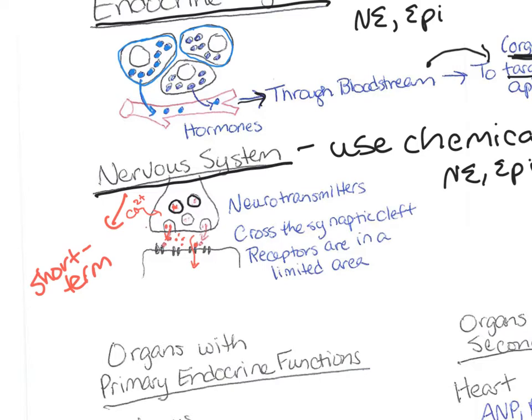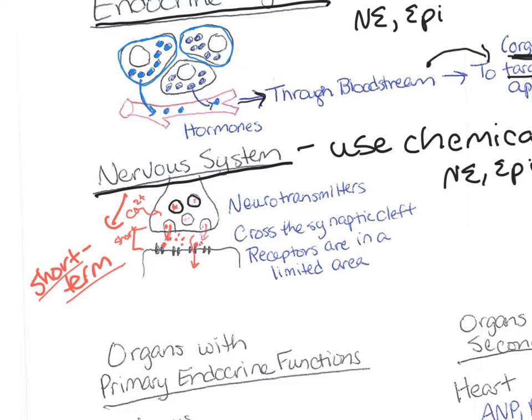The distance from the presynaptic cell and the postsynaptic cell, that synaptic cleft where that neurotransmitter has to cross, is very, very small. So the chemical only has to go a very short distance, and then it will only have a very short-term effect, because acetylcholine only lasts on that receptor for about 20 milliseconds.